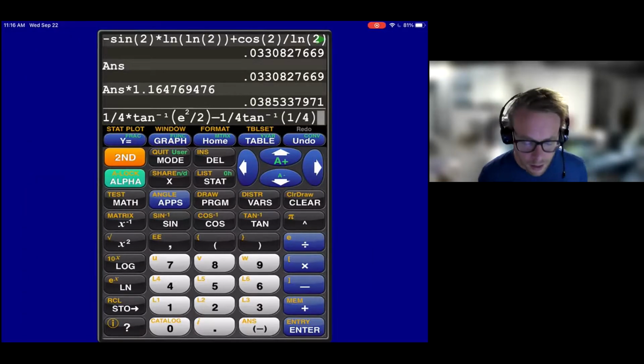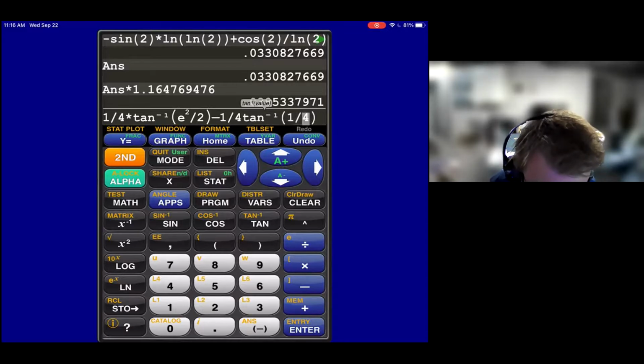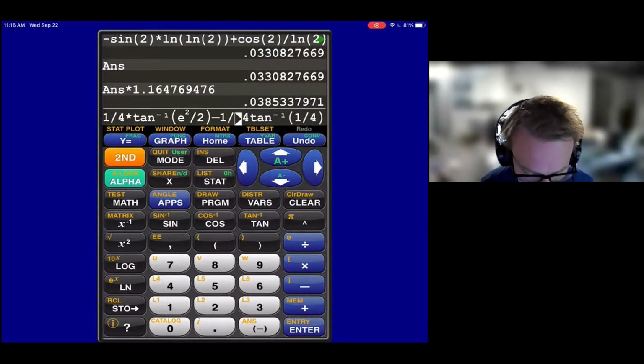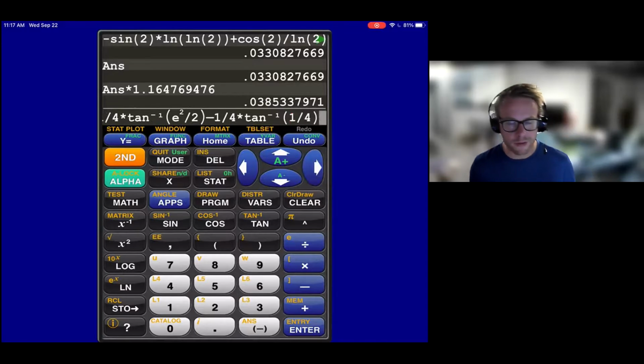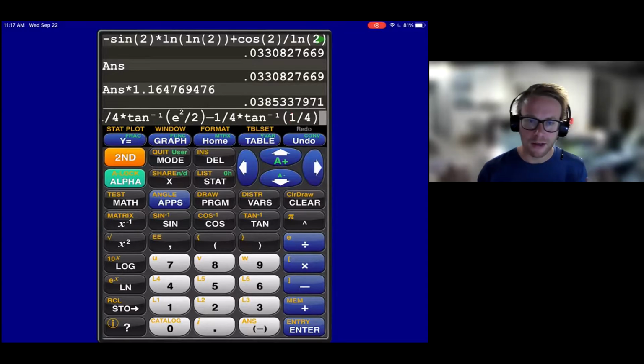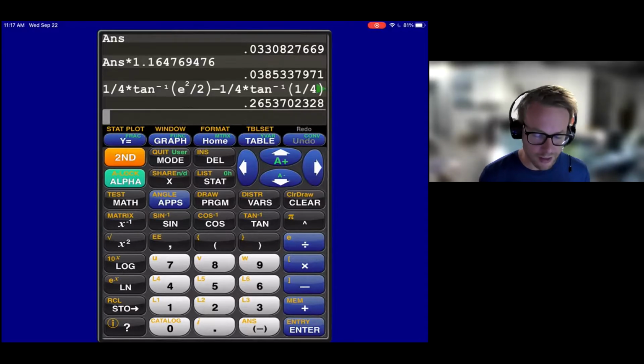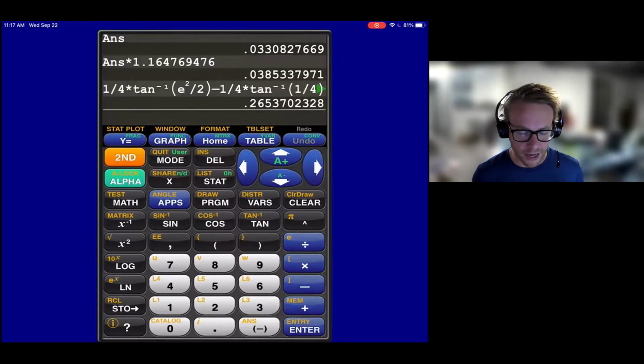And again, I should probably just be very specific that there's multiplication between these. So I'm going to do second, insert multiplication. So notice how I keep this all in one line. That way I'm not tempted to round or anything like that. And I get the final answer of 0.265 once we round to 3 decimal places.